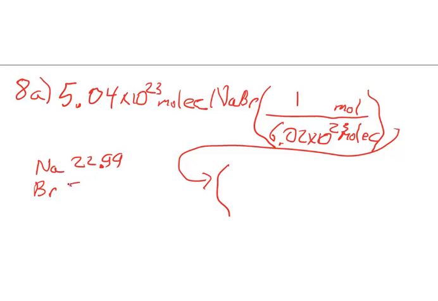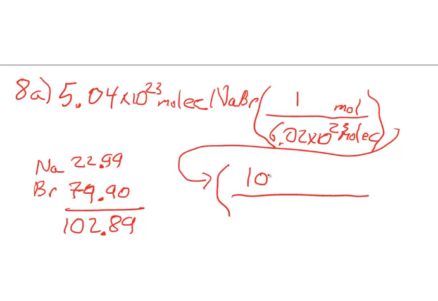Br is 79.90. I add those together to get the molar mass, which comes out to 102.89. So there are 102.89 grams in 1 mole.